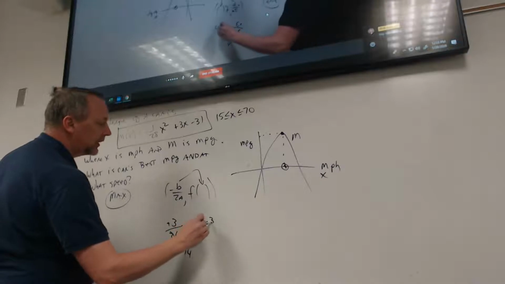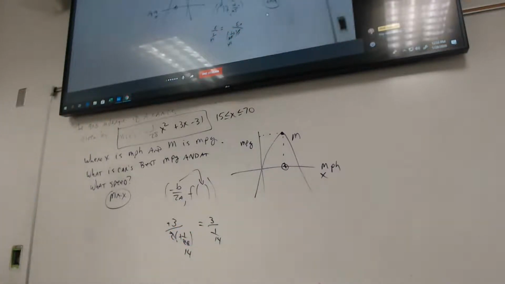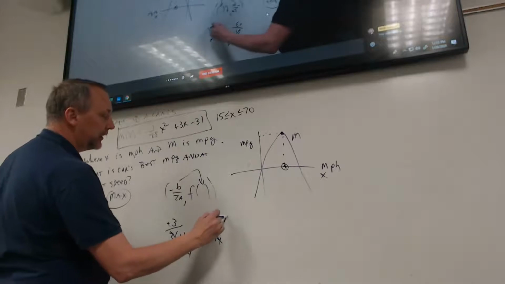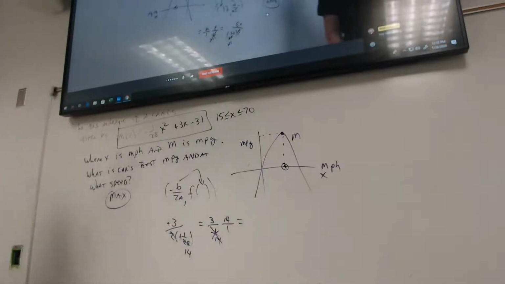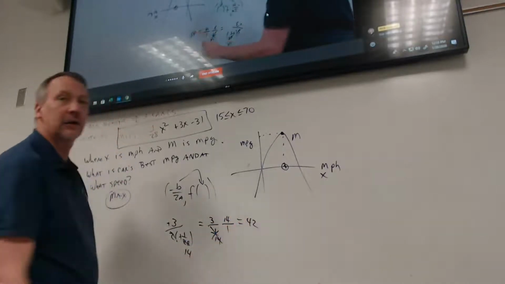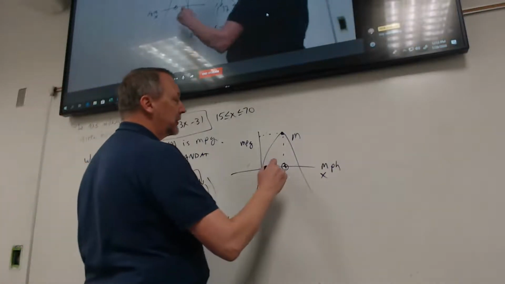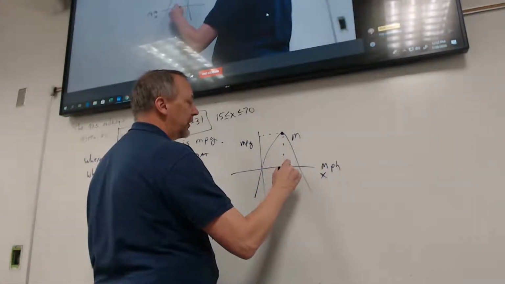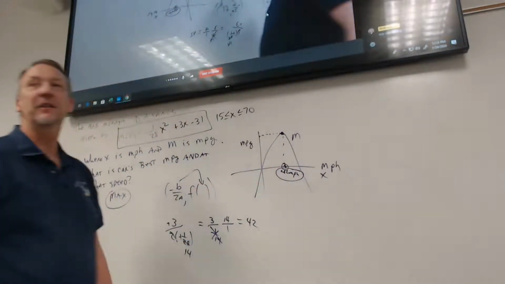So I've got 3 over 1 over 14. How do you divide those? Flip the denominator, so that's 14 over 1. 3 times 14 is 42. So according to this, the best gas mileage you're going to get is at 42 miles per hour. And at that rate, what will be the miles per gallon?